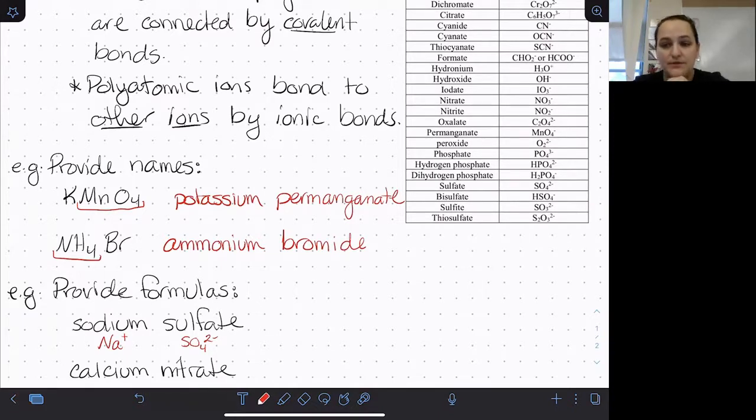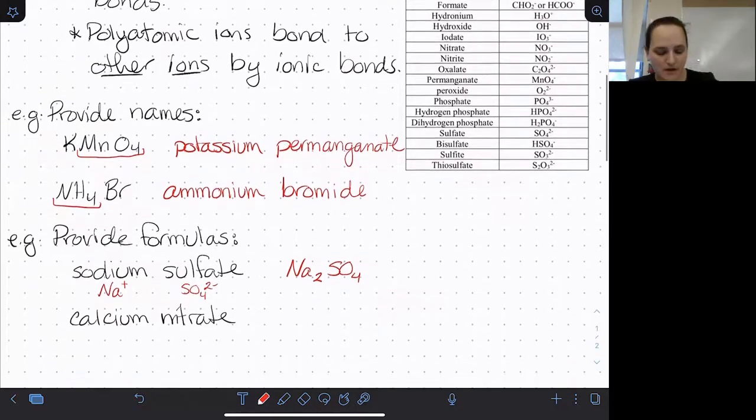So that means that the formula for sodium sulfate must contain 2 sodium ions for every 1 sulfate ion. So we write that with a subscript of 2 after the sodium to indicate that there are 2 sodium ions here, and 1 sulfate, and we include the SO4 because that is the formula of the sulfate that we got from our list.